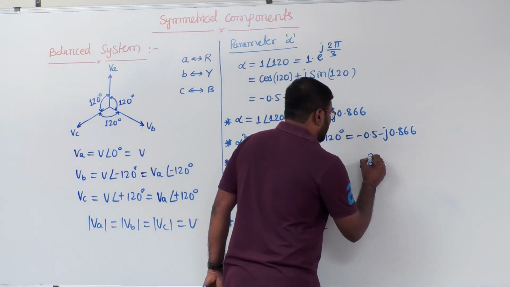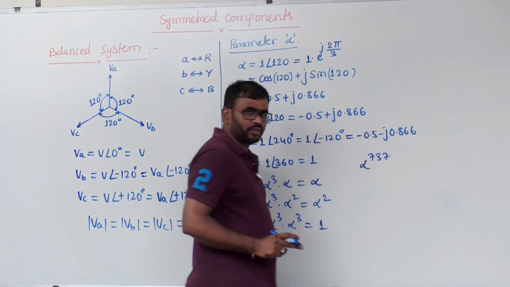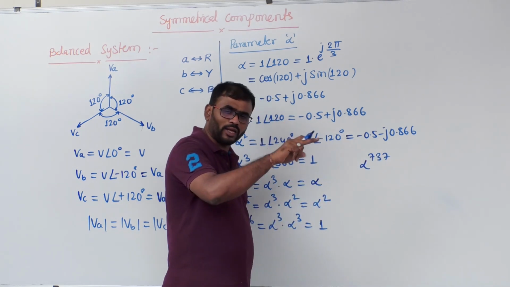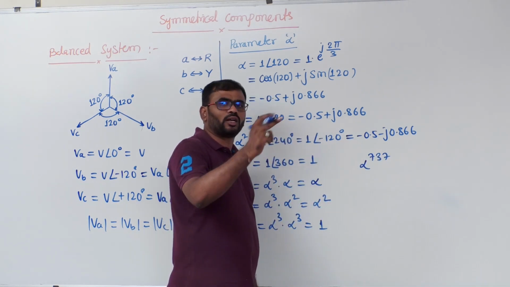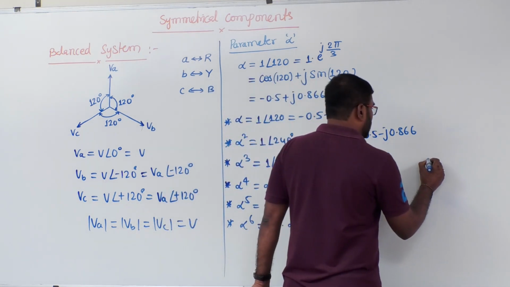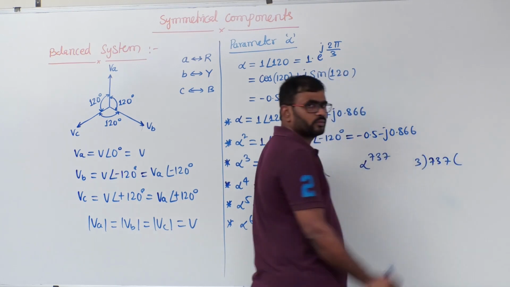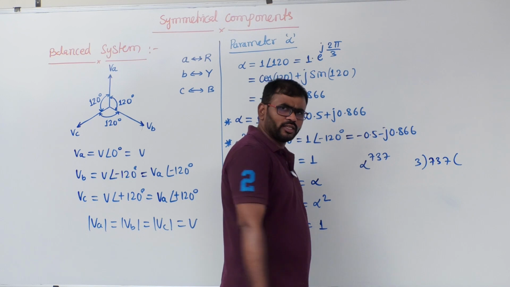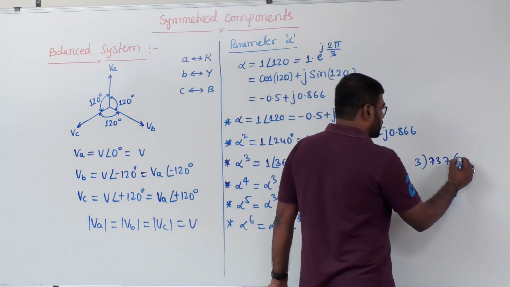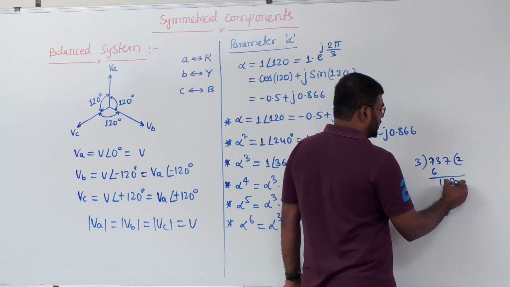Let's take alpha power 737. What is the value of alpha power 737? Strictly speaking, it can be written as either 1, alpha or alpha square. But what is the correct answer? We need to check. You need to divide this 737 by 3. You might have done this in childhood in maths. The same thing we are going to do. Let's see quickly. 3 2s are 6, so I get 1, bring down 3, 37 here.